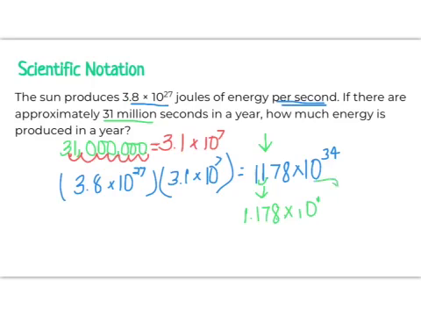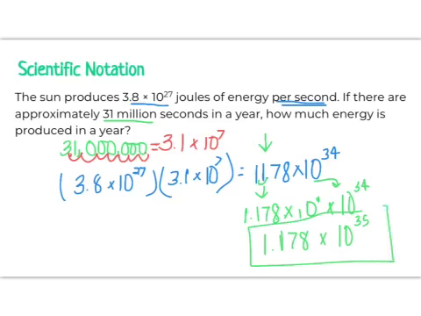Then I still need to bring down, I can't forget about this 10 to the 34th power. So just like before, I'm going to multiply. I don't have any other numbers to multiply with this 1.178, but now I'm going to add my exponents of 1 and 34 to get 35. So 1.178 times 10 to the 35th power is our final answer.